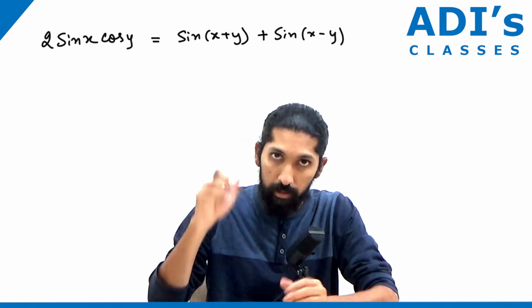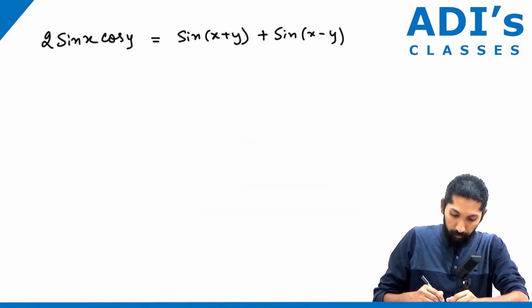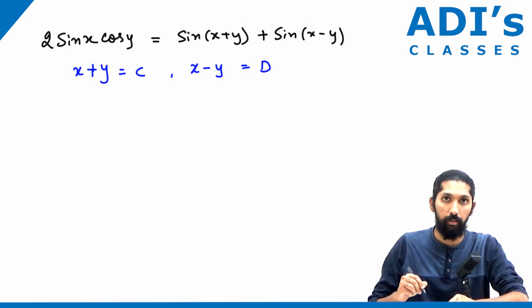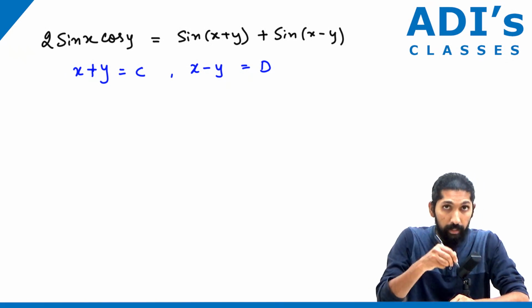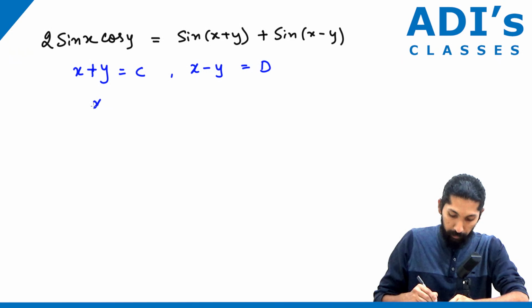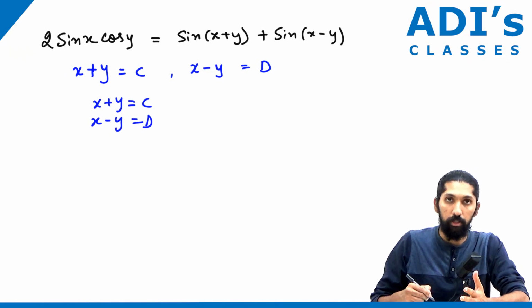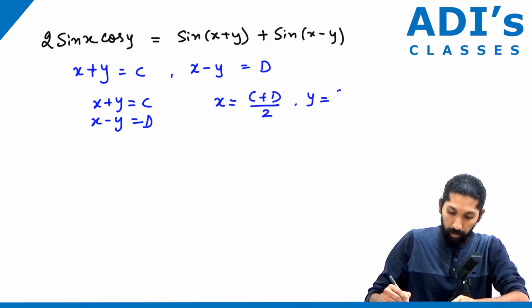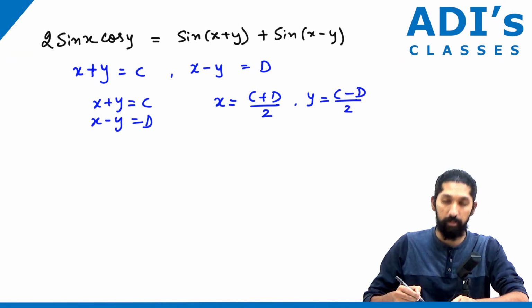Suppose x plus y is some value c, and x minus y is some value d. If you need the value of x and y, we can solve these linear equations: x plus y equals c, x minus y equals d. Then x is going to be (c plus d) by 2 and y is going to be (c minus d) divided by 2, isn't it?